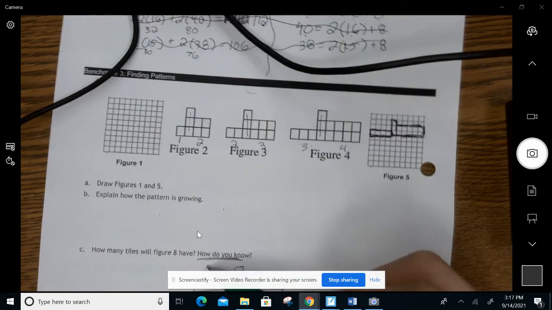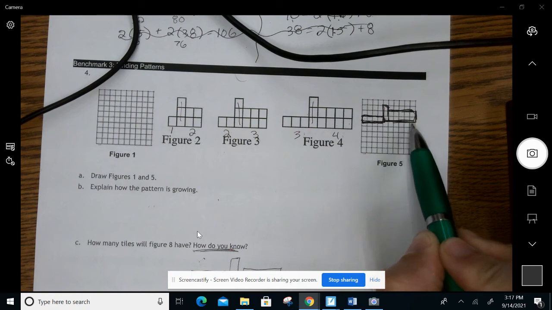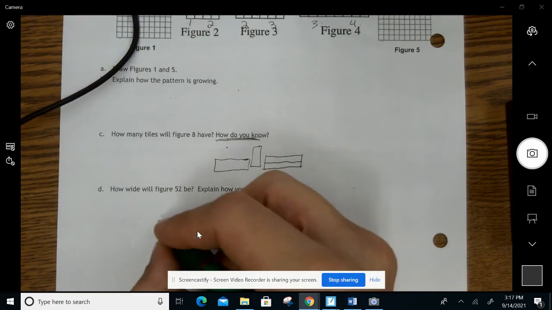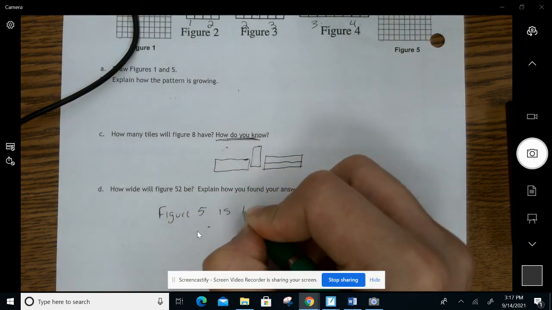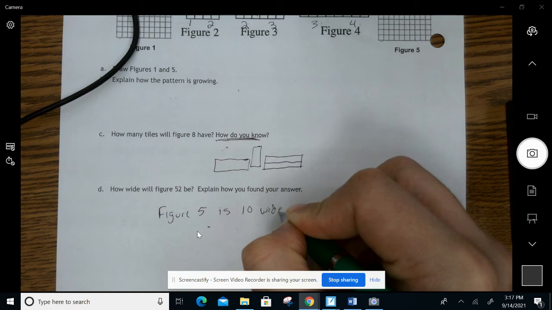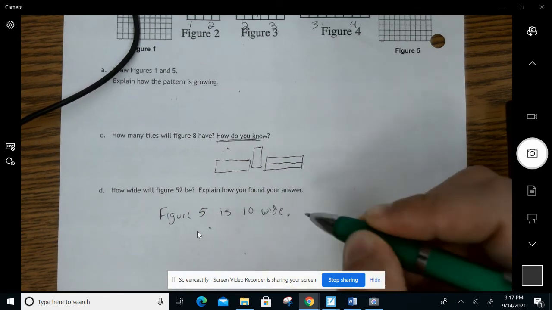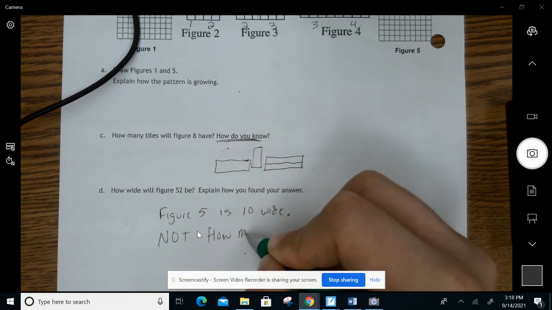So, for example, figure 5 is 1, 2, 3, 4, 5, 6, 7, 8, 9, 10. Figure 5 is 10 wide, right? So it's not how many tiles. It's not how many, it's how wide.